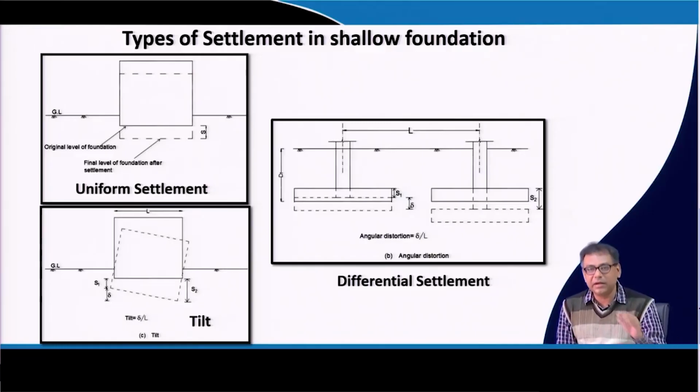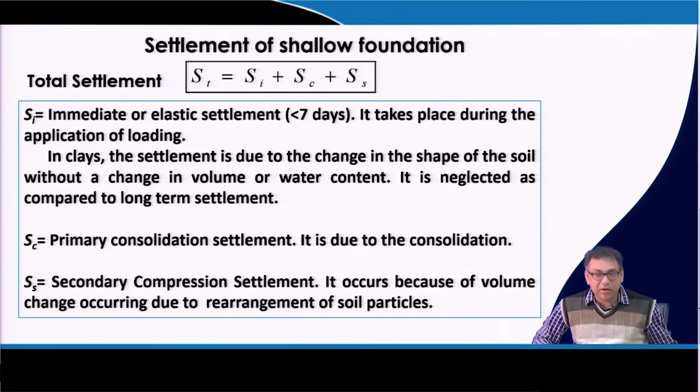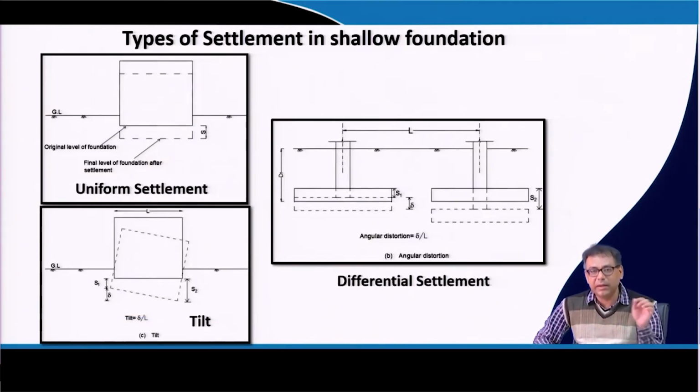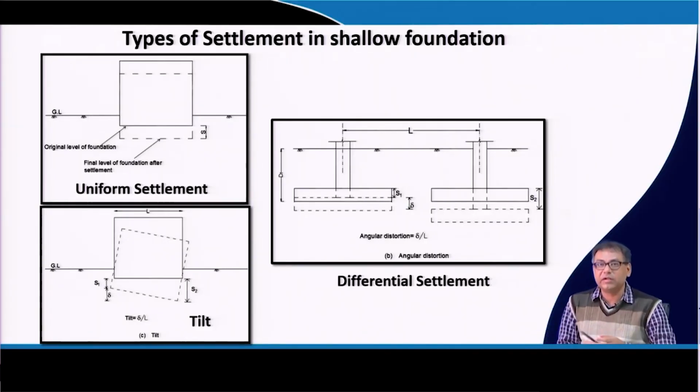So, in most designs, if your soil parameters are not significantly varying in your site, or the loads coming on each foundation are not significantly different, then generally you only go for the uniform settlement check. Otherwise, if there is a huge variation in the load coming on the foundation, then you have to go for the differential settlement check and tilting check also.